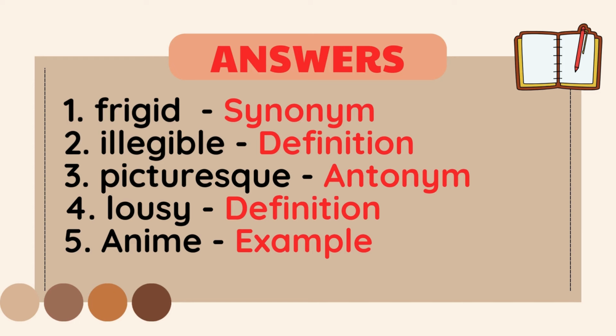And number 5, example clue. So anime shows are exemplified by specific titles like Cardcaptor Sakura, Naruto, One Piece, and Dragon Ball Z, to help understand what is meant by anime shows.